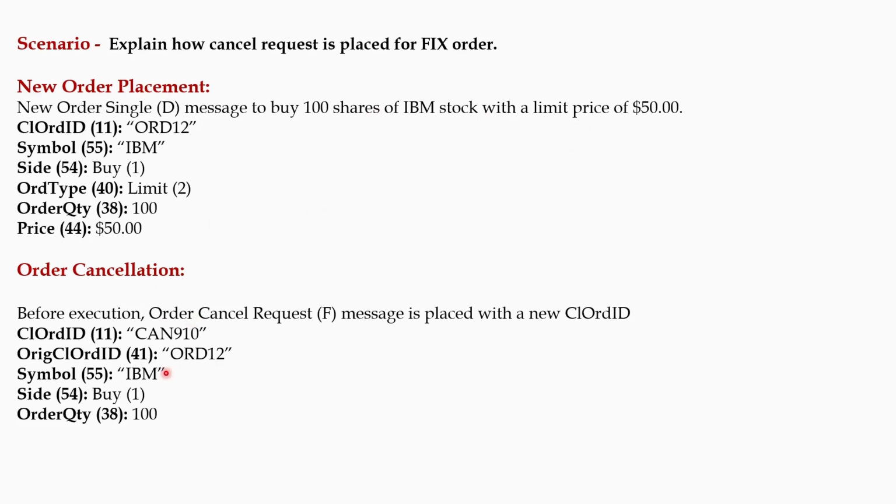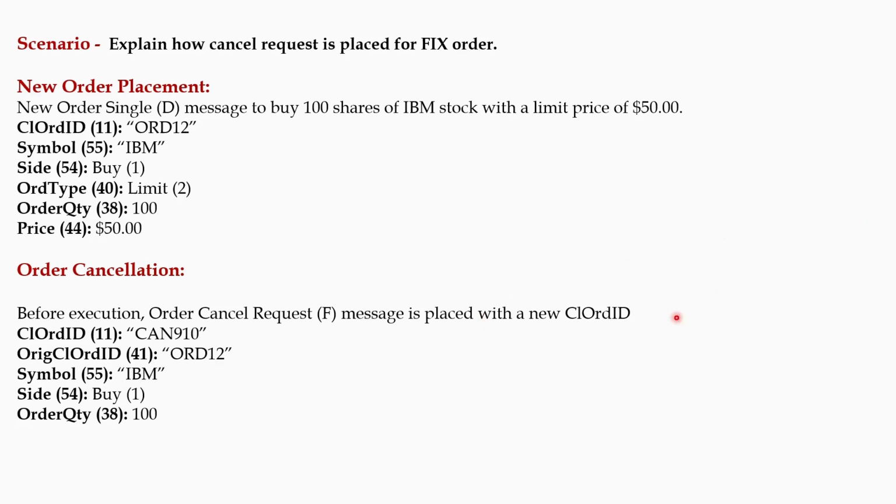So how is order cancellation sent here? Please remember that if a trader is sending an order cancellation, it needs to be before execution. If an execution has arrived on this order, it cannot be cancelled. So before execution, an order cancel request F message is placed with a new client order ID.